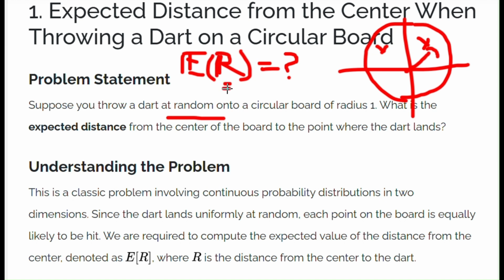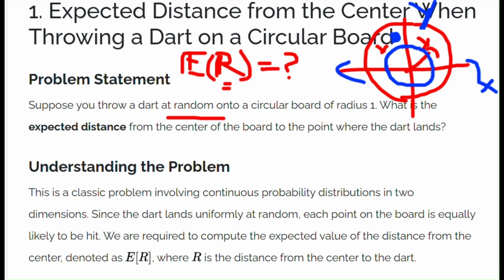Now it can land on any point on this circle, which means that we are looking at a uniform distribution in 2 dimensions. So the probability would depend on only the area of the circle, or the area of any particular section within this circle that we are looking at.